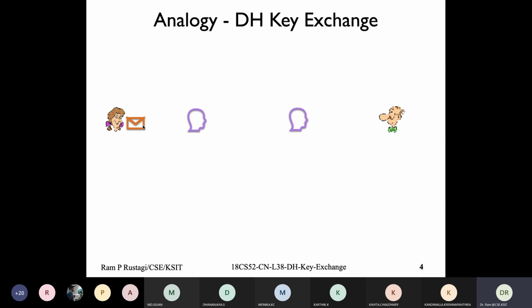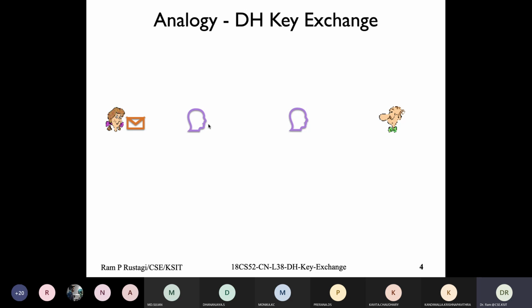This is the envelope which contains the plain text message, the shared key information. If Alice communicates this message, people could read it, which means she cannot send it this way. If she encrypts it with a certain key, Bob does not know the key, so neither Bob nor the intruder can decipher it. So what is the mechanism that can be used?